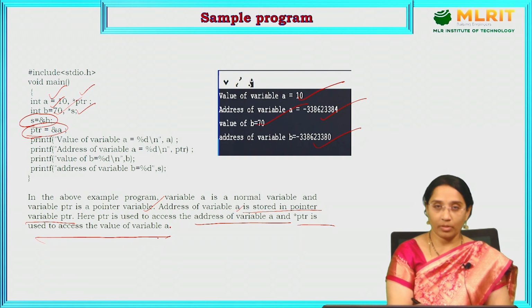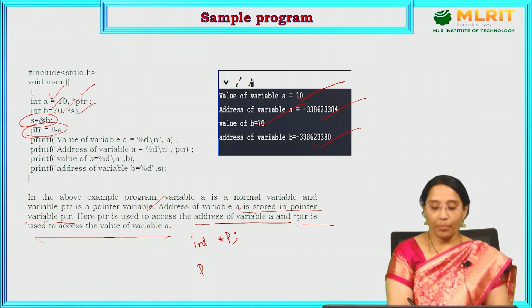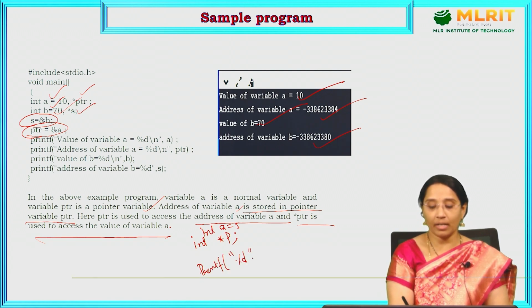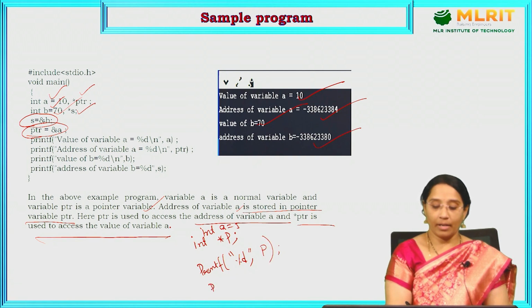One more thing: if you declare a pointer variable like this, int *P, when you want to use a pointer variable, first you need to initialize the value which the pointer is pointing to. In the printf statement, suppose I write printf %d comma P and printf %d comma *P.